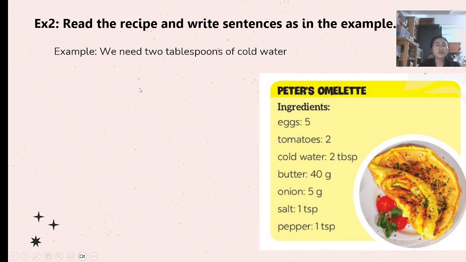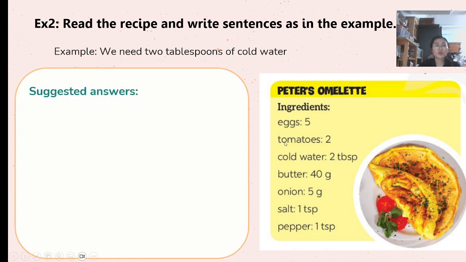Now, I will give you some suggested answers. With eggs, we need 5 eggs. With tomatoes, we need 2 tomatoes. With cold water, this is uncountable, so we add "of" after the unit of measurement.